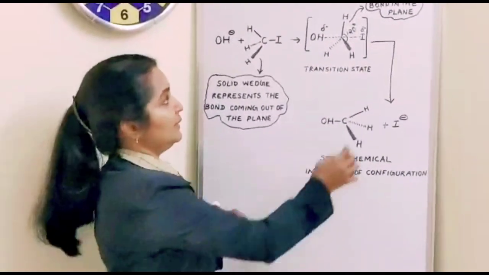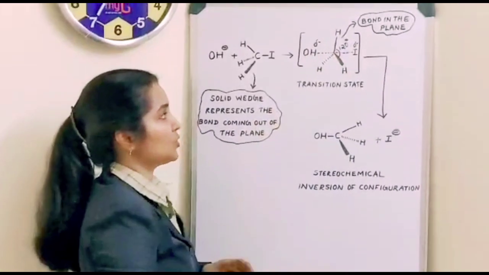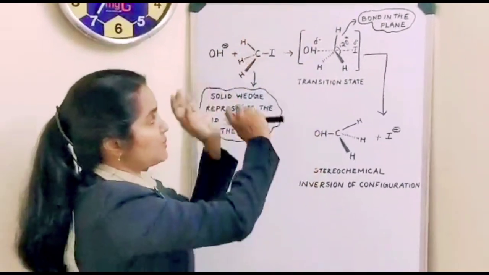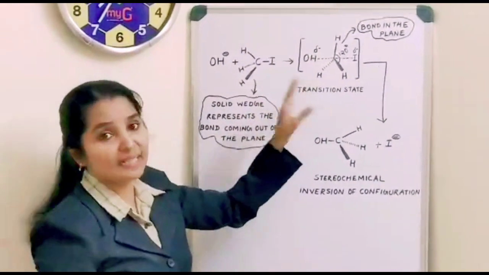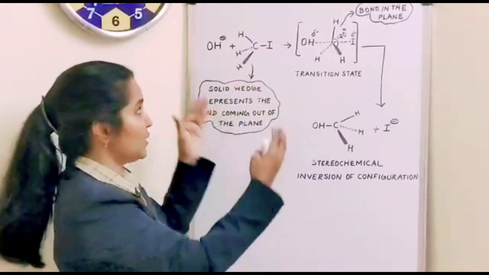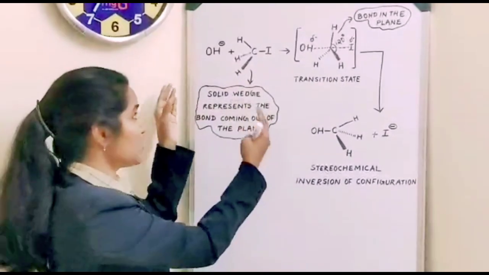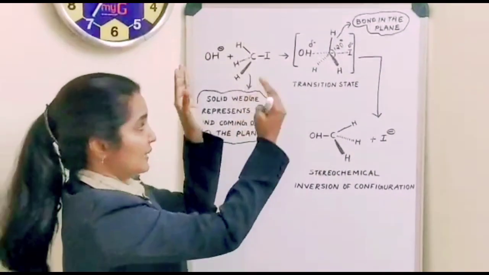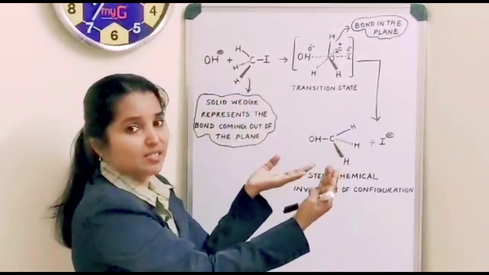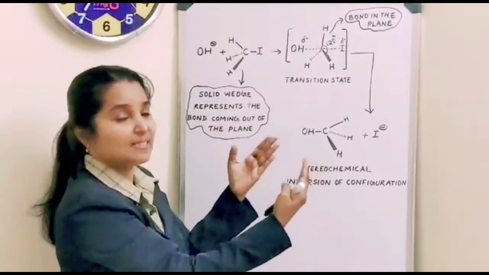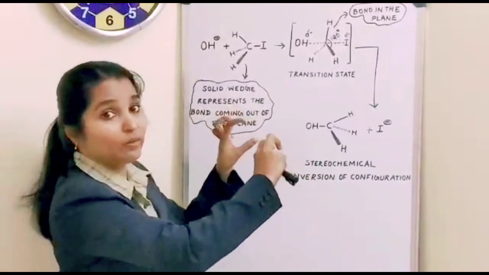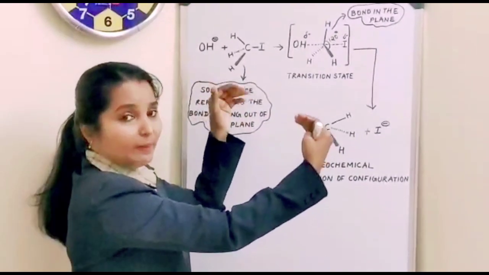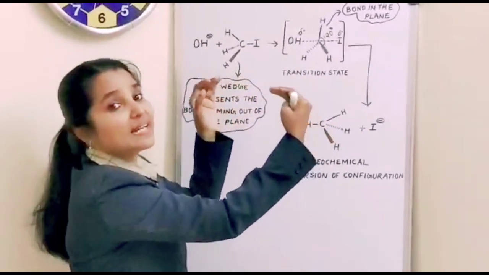During the transition state, you can see that the carbon atom and these hydrogen atoms are at a 120-degree angle. It will align itself. So first, the hydroxide ion approaches from the rear side, from the back side of the carbon atom. In the next stage, the transition state, which is a very highly unstable state, the hydroxide ion and iodide ion are both attached to the carbon atom.